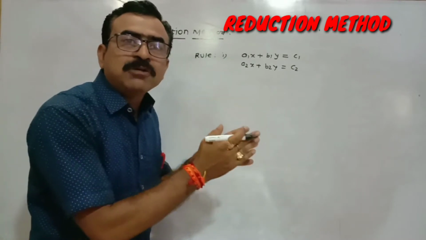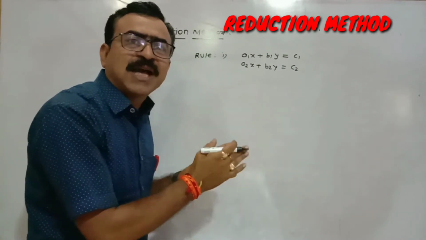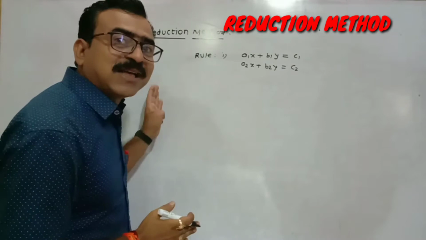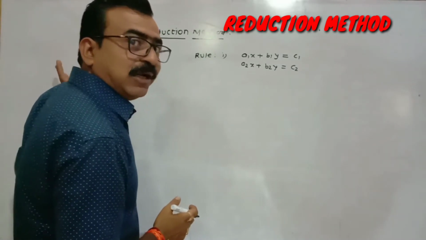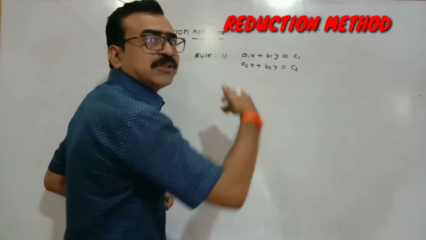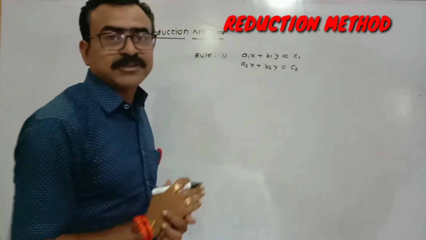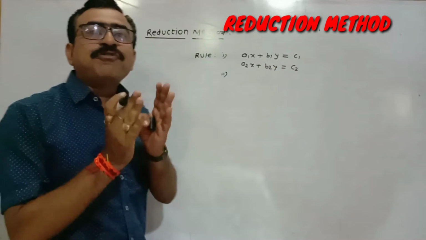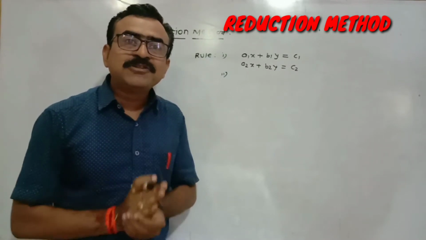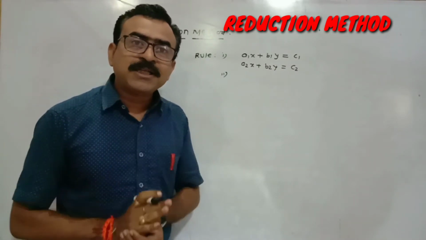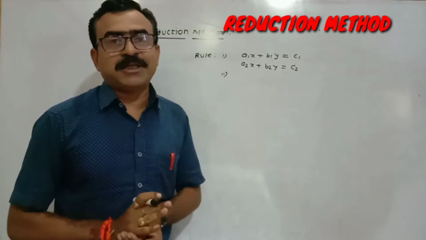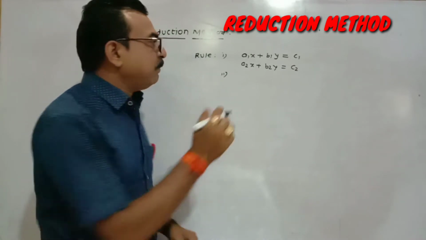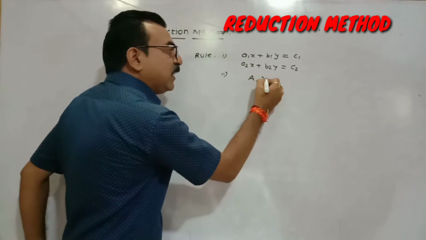Means you have to write down this linear equation in such a way that all the term of x and y write down it on left hand side and all the constant term write down it on right hand side. Understood?